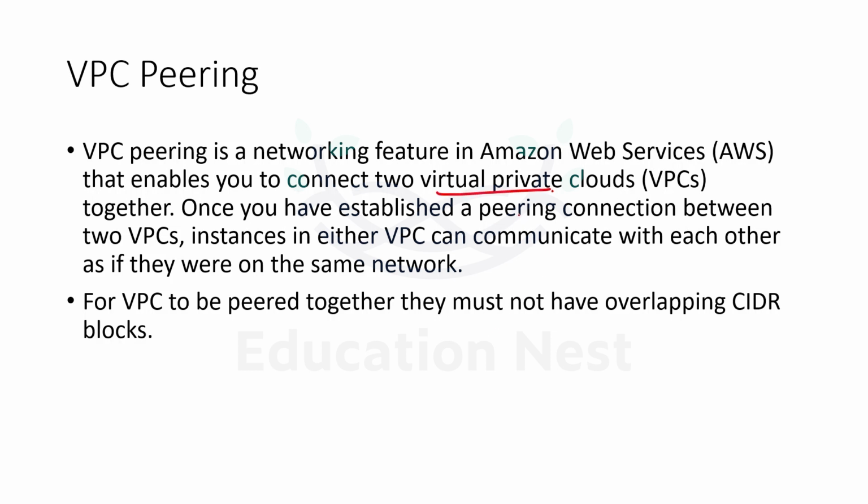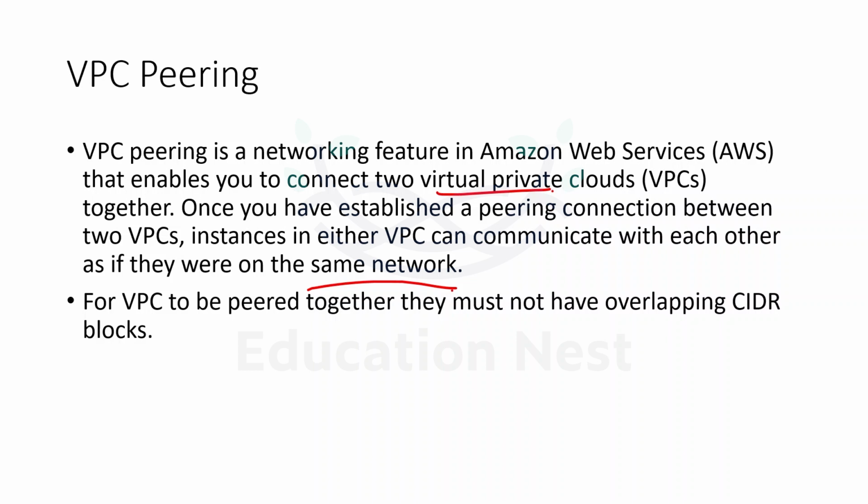So once you have established the VPC peering connection between two VPCs, the instances would be communicating with each other like they are on the same network. VPC peering can be used for connecting VPCs in the same account or in different accounts.